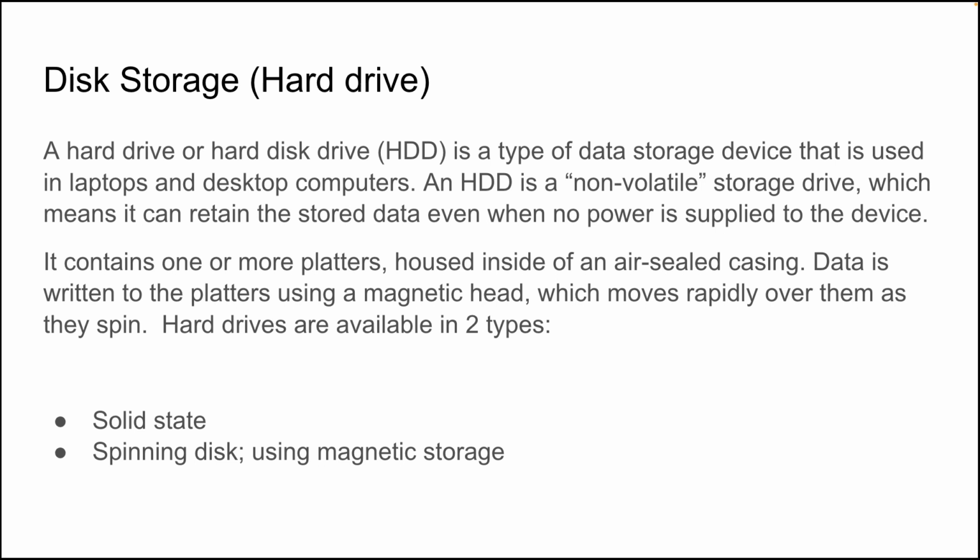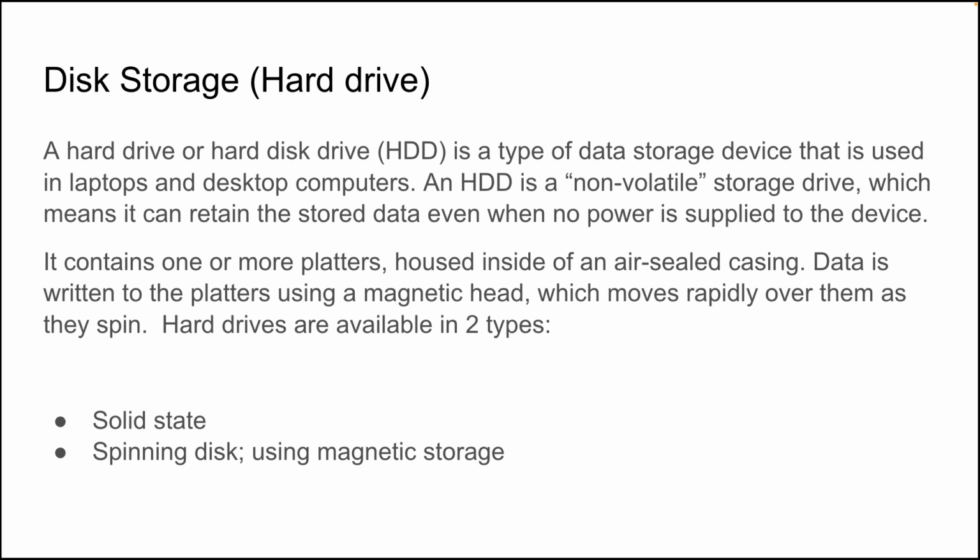So when you think platters, think plate. Housed inside of an air-sealed casing, data is written to the platters using a magnetic head, which moves rapidly over them as they spin. Hard drives are available in two types. The two types of hard drives are solid-state drives and spinning disk drives, which use magnetic storage. So a solid-state drive has no moving parts, and a spinning disk drive uses magnetic storage.